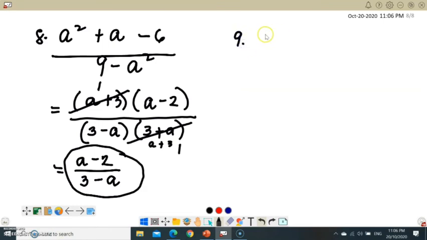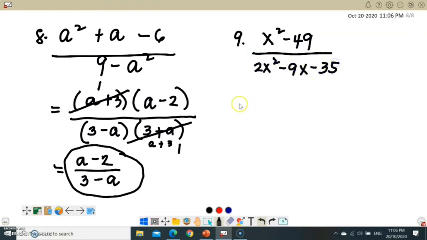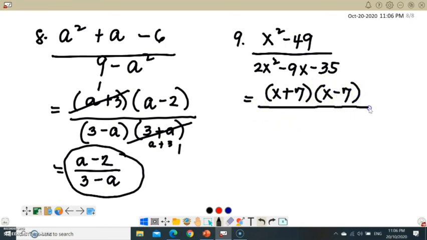Number 9. x squared minus 49 over 2x squared minus 9x minus 35. So we factor the numerator. What are the factors? It's x plus 7 multiplied by x minus 7. How about the denominator?